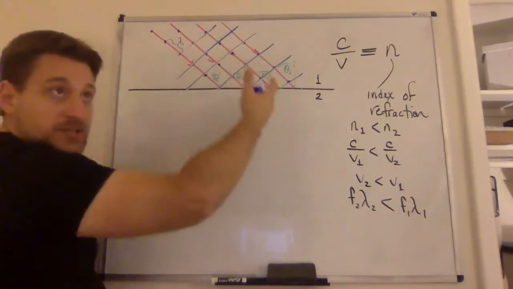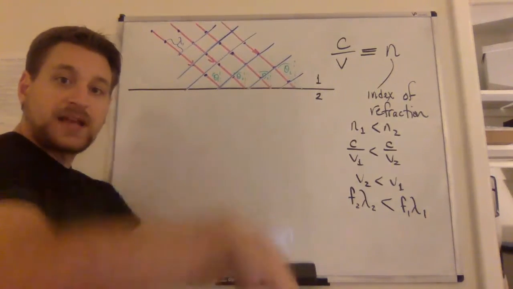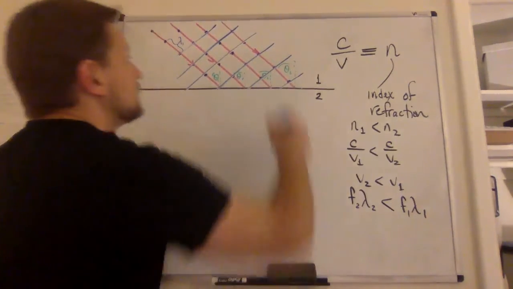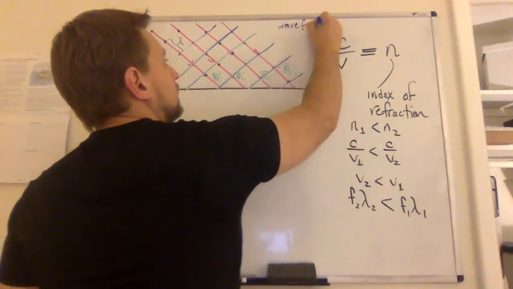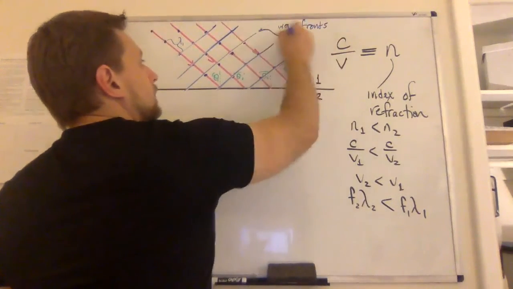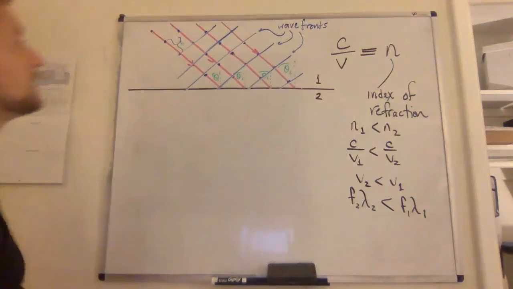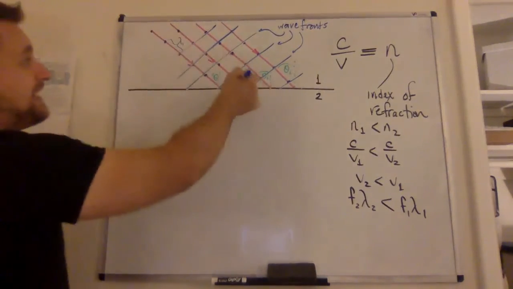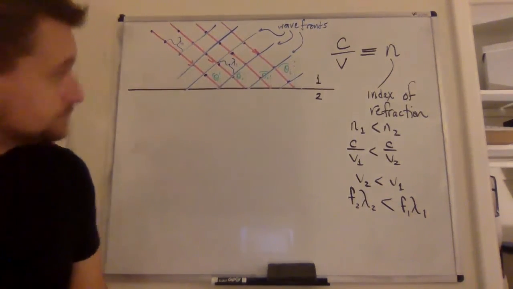These are collections of points that are all in phase. They all have maxima at the same time. These things are called wave fronts. And the distance between each wave front, from here to here, that's lambda 1.